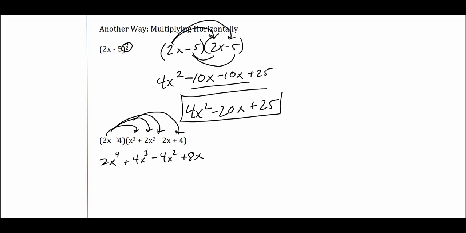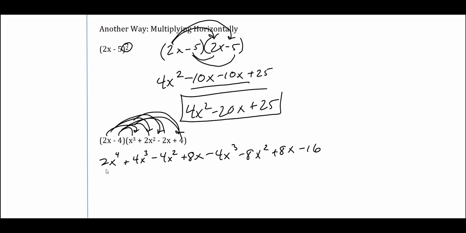Then I'm going to do the same with the negative 4. This here, there, and there. So minus 4x to the third minus 8x squared. Negative 4 times negative 2 makes a positive 8x, and then negative 16.